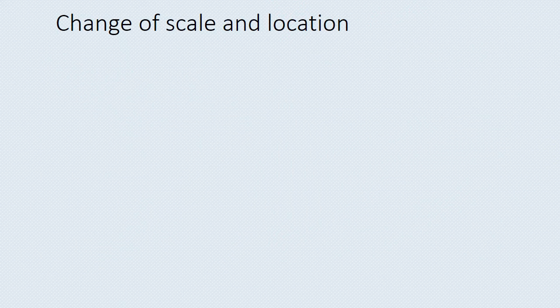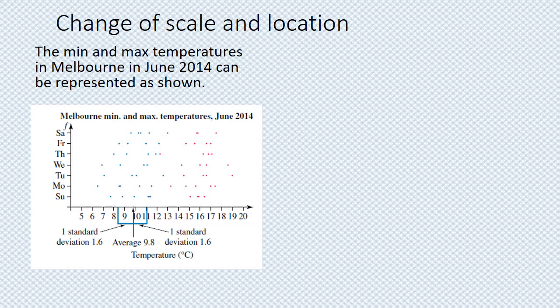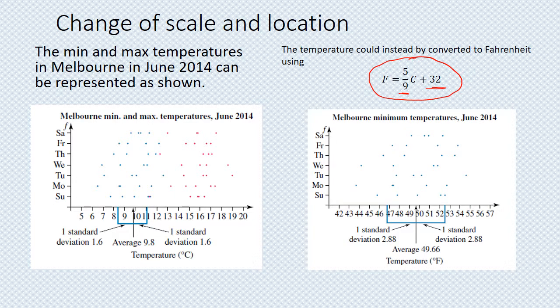We can also consider changing scale and location. So once again, we've got our data, this has been collected. This time we're going to convert it according to a particular linear formula. So here's our linear formula for converting it to Fahrenheit. We multiply by a scalar and we add a constant value. Notice that we are not collecting new data, we are simply taking our old data and converting it into a new unit.